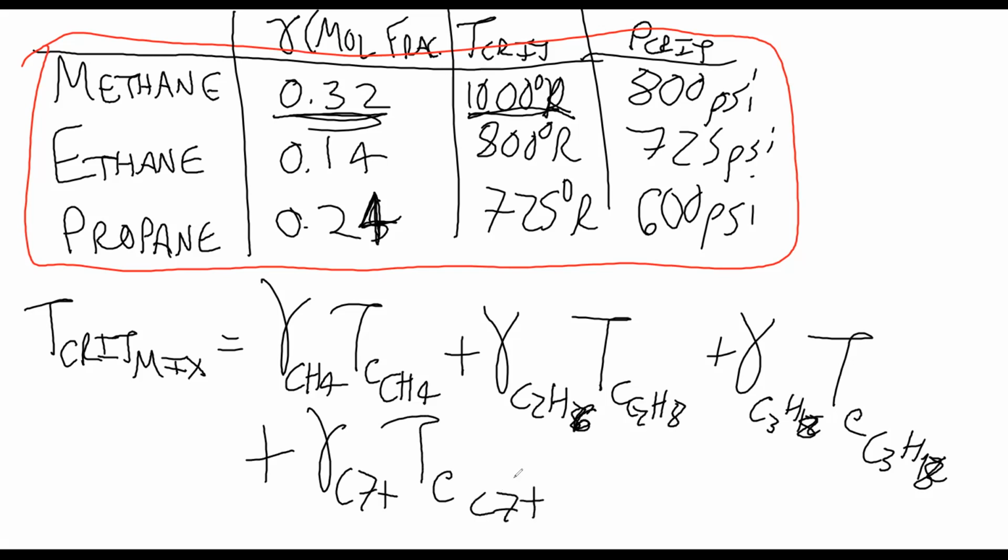These are all your higher order hydrocarbons. So you have some mole fraction of those, but you won't have a T crit for those. You won't be able to look it up. What you're going to have to do is compute it.